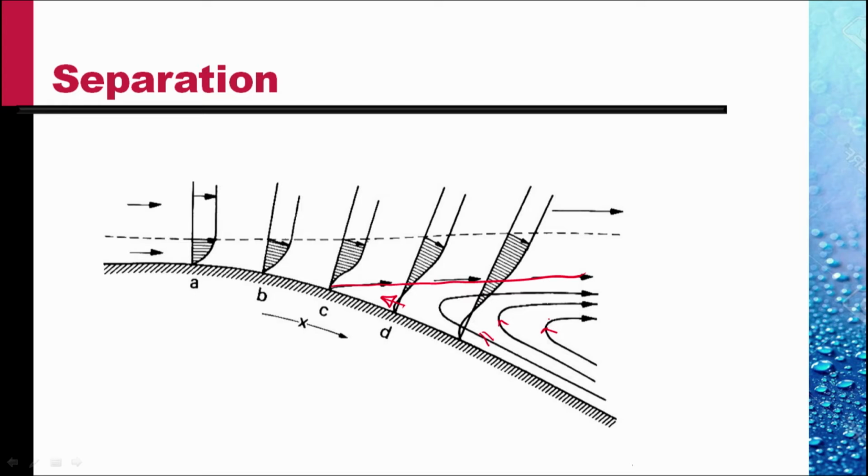So the boundary layer that was developing here now separates and moves like this. This whole region here is now disturbed. The pressure here is no longer equal to the pressure that would have been if the flow was truly inviscid and no boundary layer was forming.